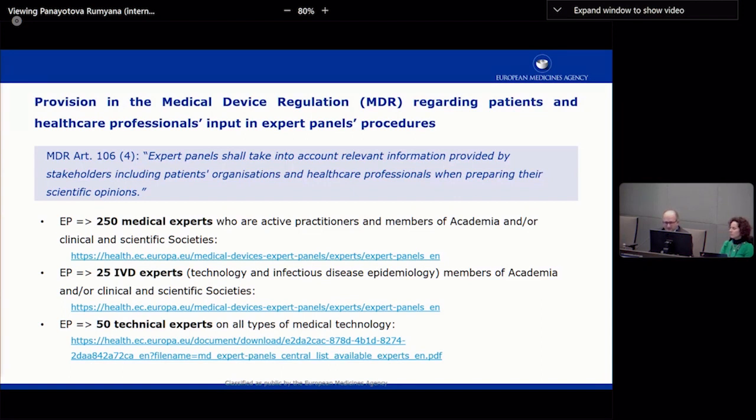We have 25 members of the IVD panel, which is a very specific type of expertise that combines technology with infectious disease epidemiology, and they are also members of academia and clinical and scientific societies. And then we have around what we call technical experts, from very specific types of technology to methodology, for instance, and they cover all types of medical technology in a more specific sense. They are sometimes in a specific panel, but they provide input that is sometimes more general, like in methodology, for instance.